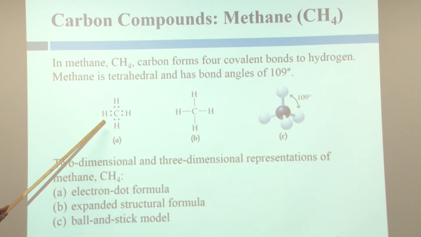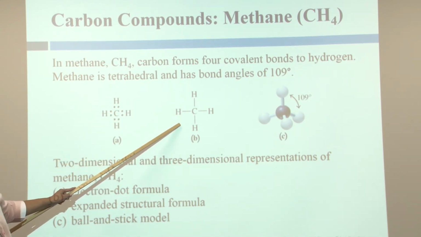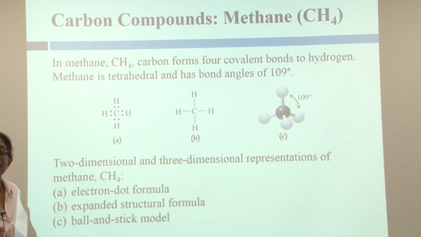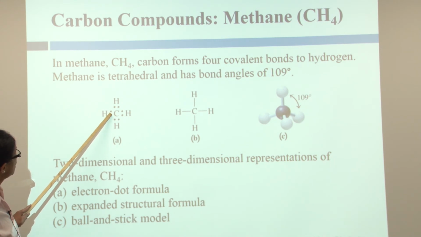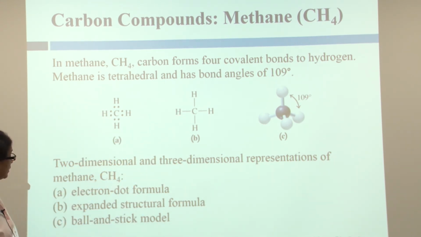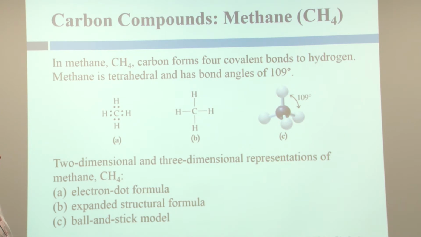This is the electron dot structure. This is where you are showing the bond, all the single bonds. Every bond is a pair. This pair is in the form of a bond. This is called the expanded structural formula. And this is the ball and stick model, the 3D model for methane.